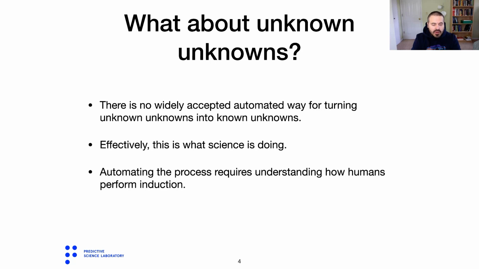So automating the process of dealing with unknown unknowns is essentially replicating how humans do science. And this requires artificial intelligence, general artificial intelligence, so artificial intelligence that can think like human beings, which is something that we don't have right now. And this is something that we may be decades from, or even hundreds of years from achieving.